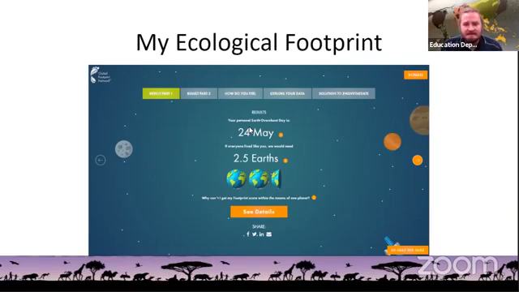And what that means is I can get to the 24th of May before my resource use is actually overshooting the Earth's capacity to support me. And you saw that the whole planet's overshoot date is August 22nd. So it's a little bit longer, but still, as a planet, we are overshooting our Earth's ability to support us well before the year ends.